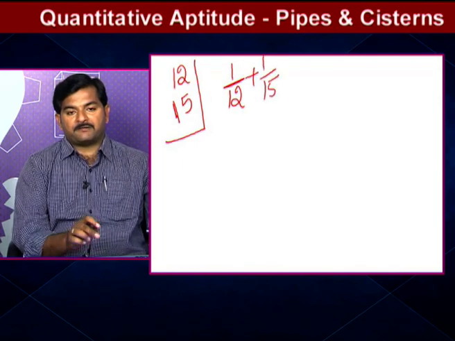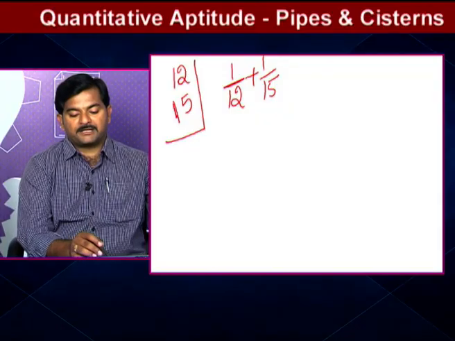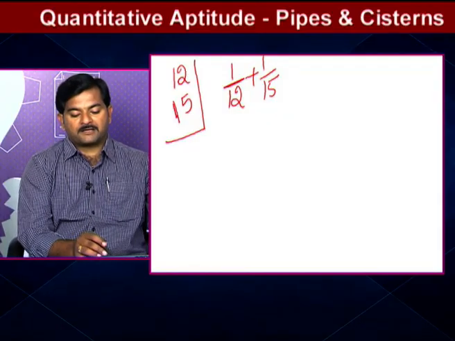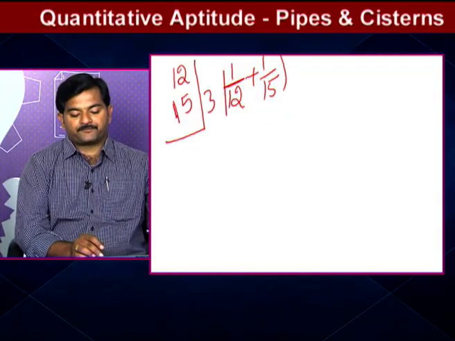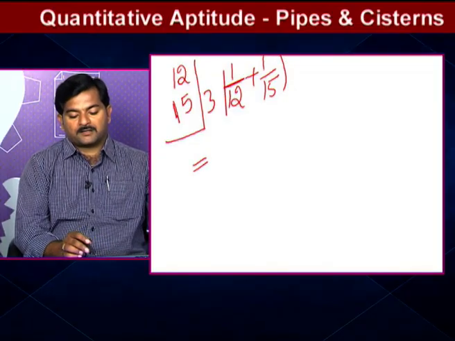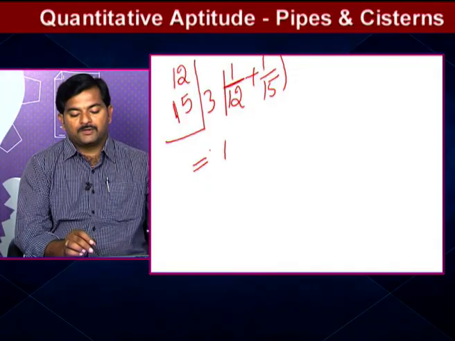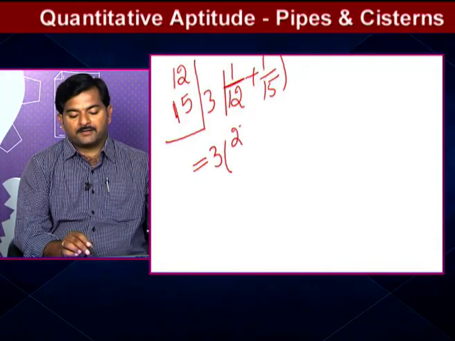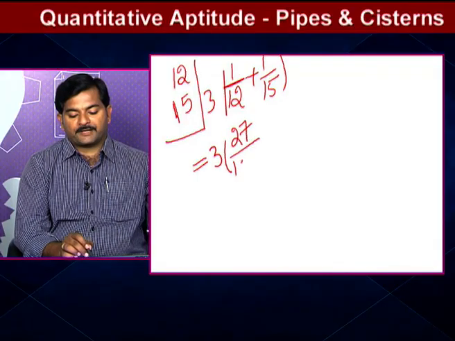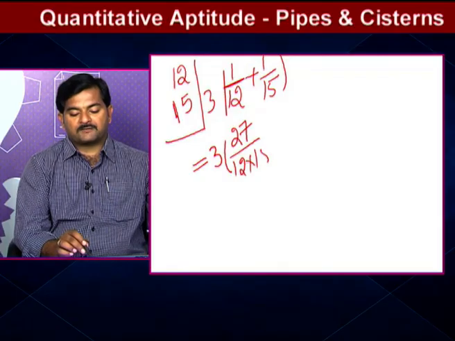A plus B is 1 minute work, but they are working for 3 minutes. So here we can use cross multiplication: 3 into 27 by 12 into 15.